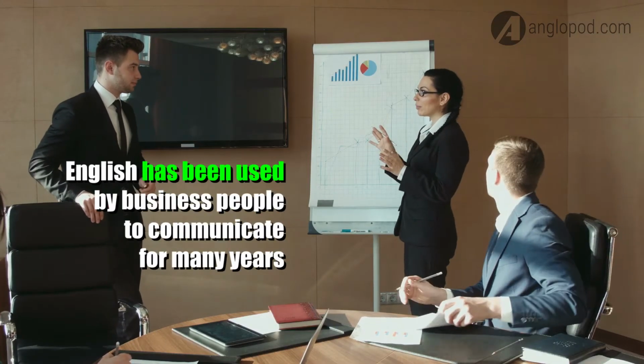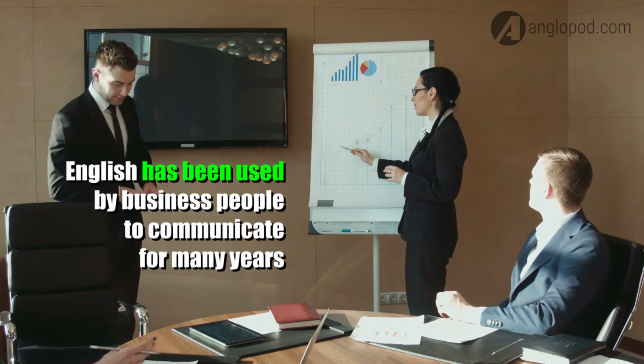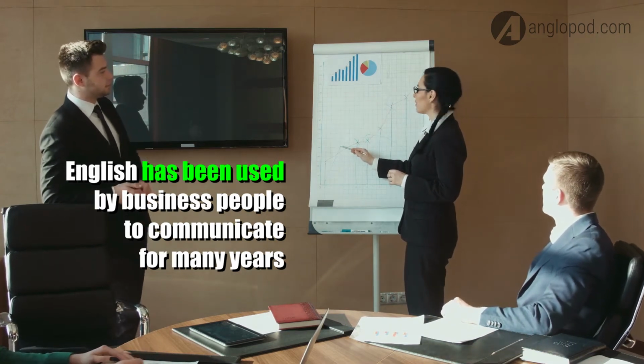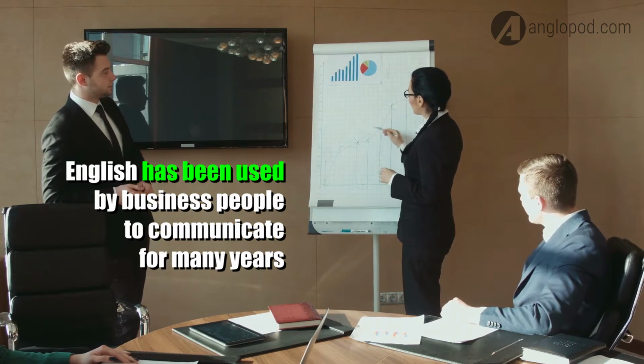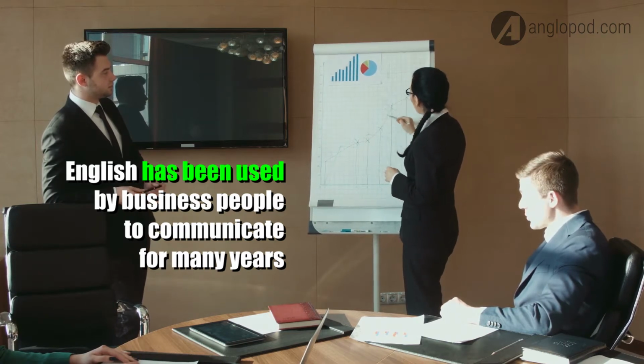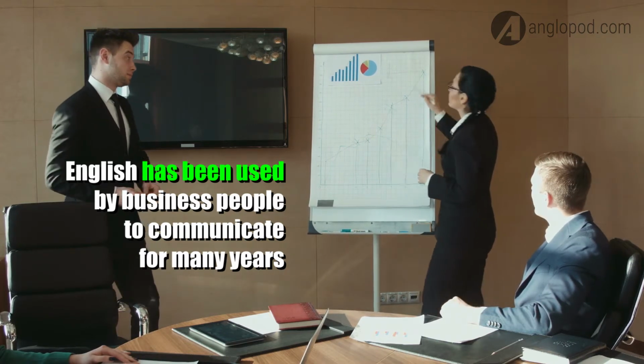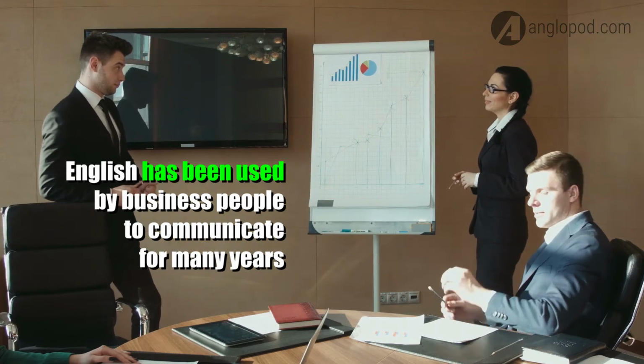English has been used by business people to communicate for many years. English has been used. Now, because this is the present perfect, it means we're connecting a point in the past with now. This started in the past and it's still relevant today, now.